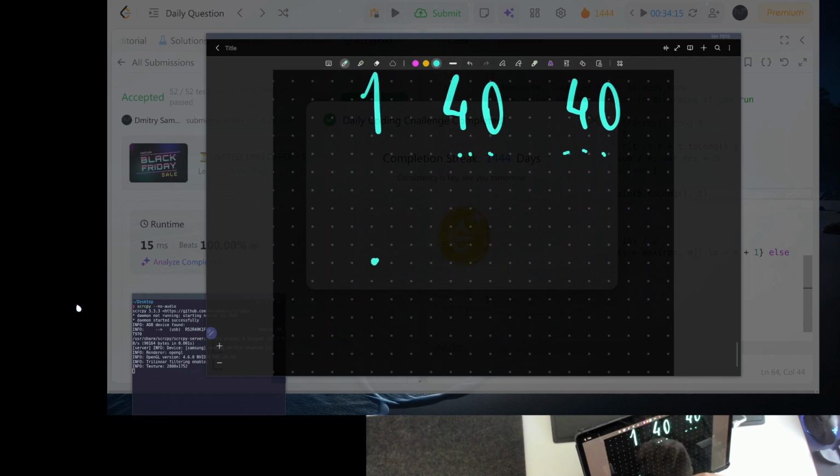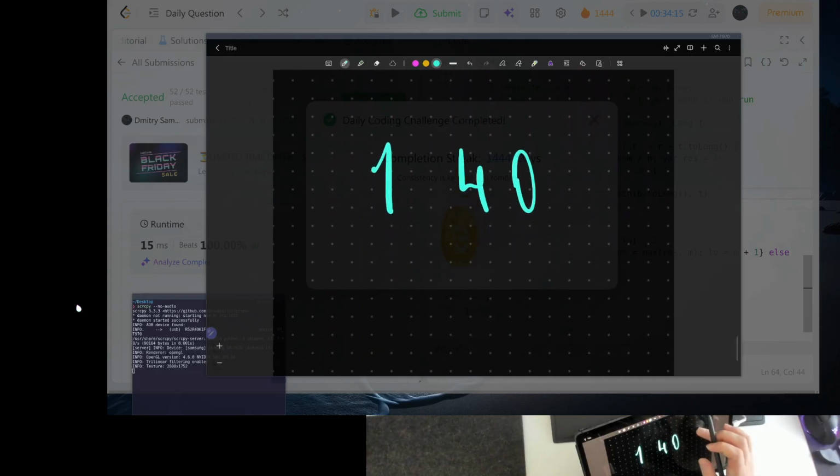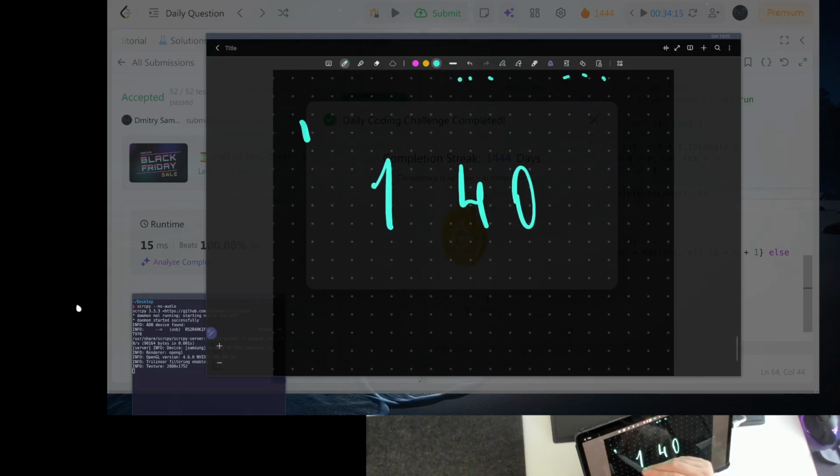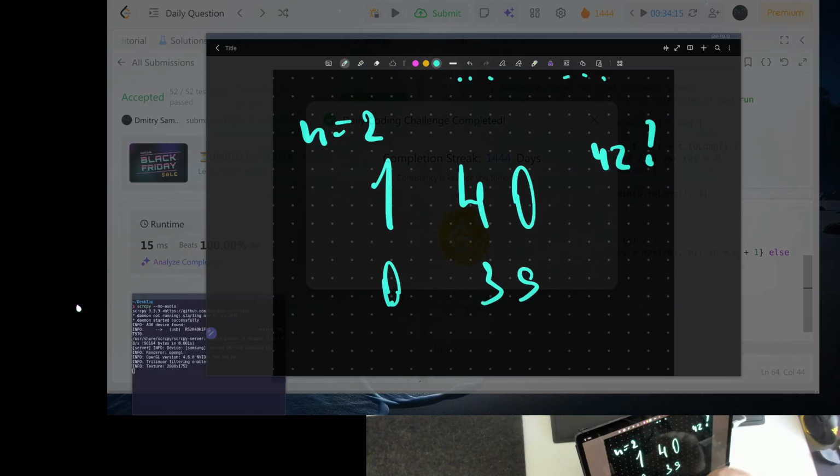But if we have just 1 and 40, n equals 2, can we use 41? No, because as soon as we use the first minute, we have 0 for the second notebook, and that means we can't run any longer than 1 minute.